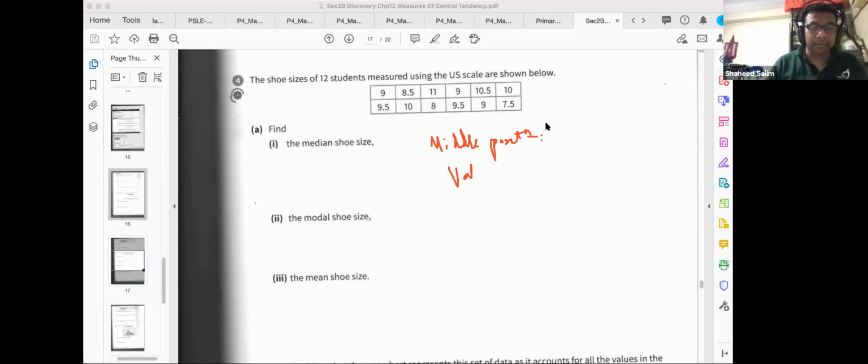Well done. Well done, Emma. Okay. What is the modal shoe size?